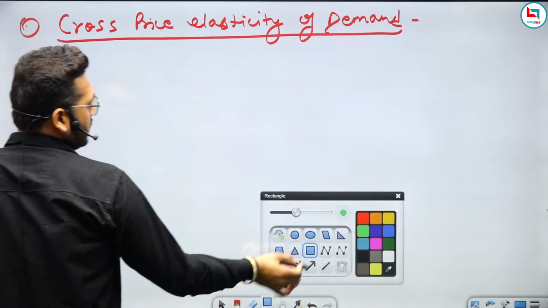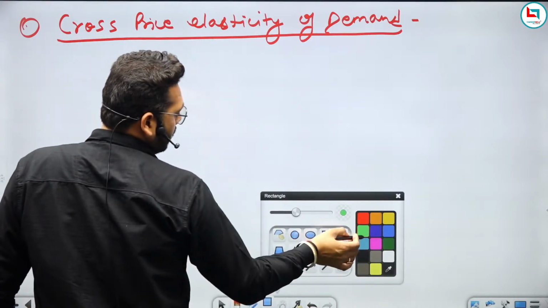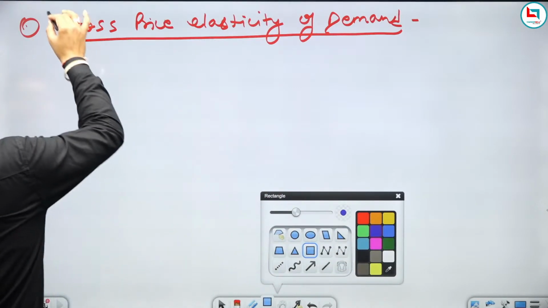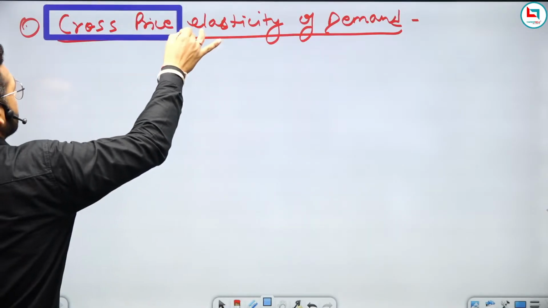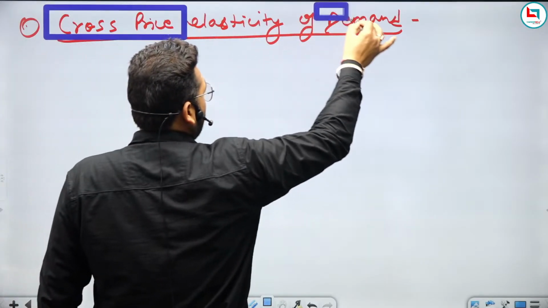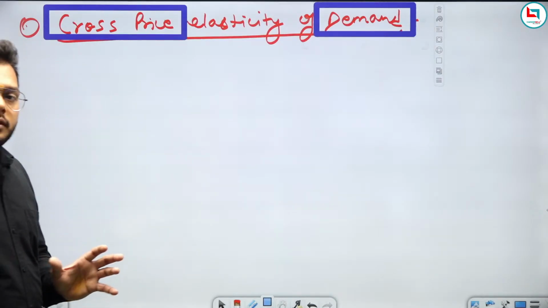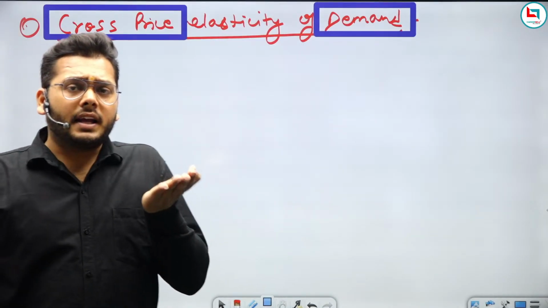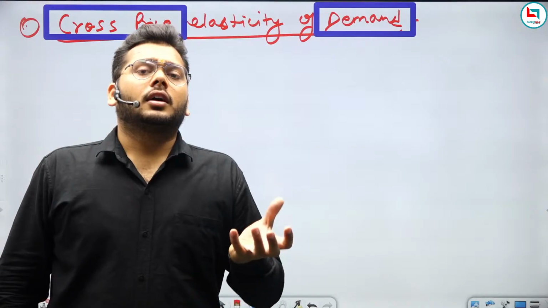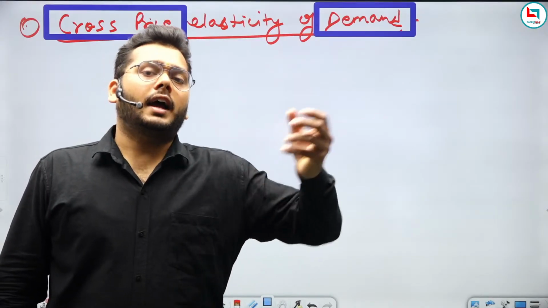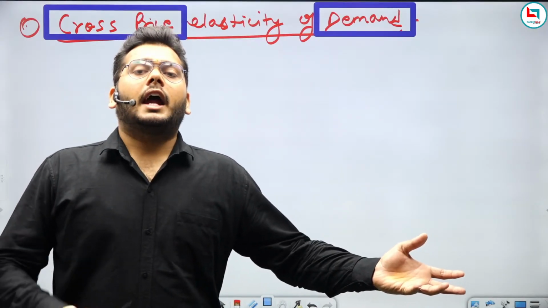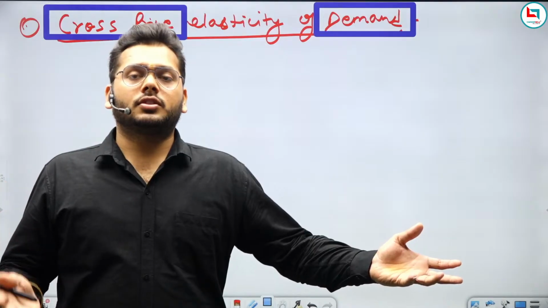Here it is mentioning that cross price affects the demand. Cross price means what? The price of another good changes and the demand of another good changes.